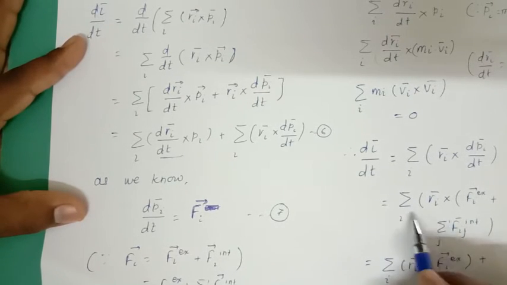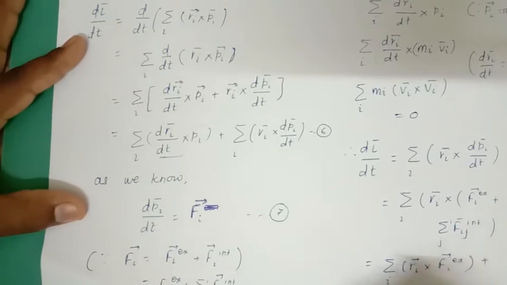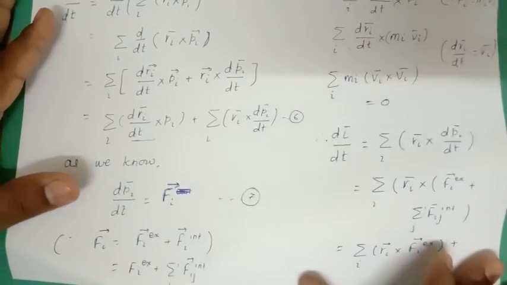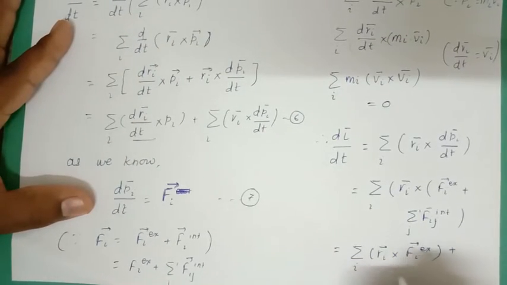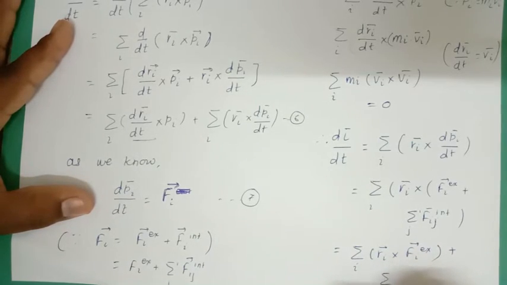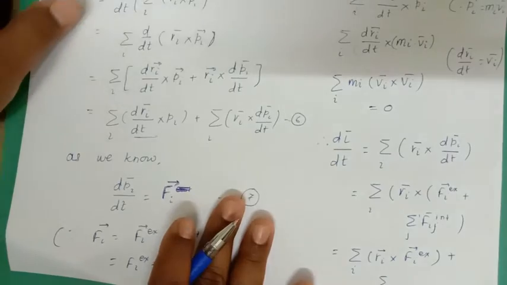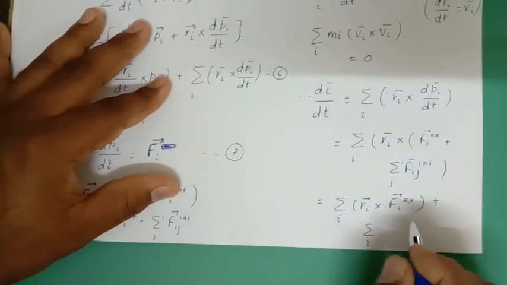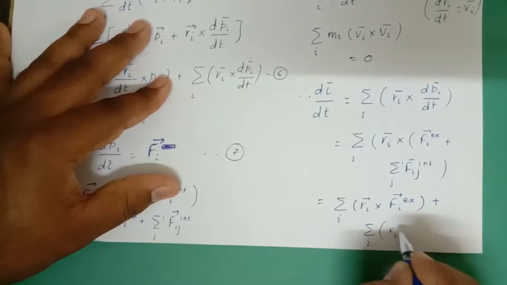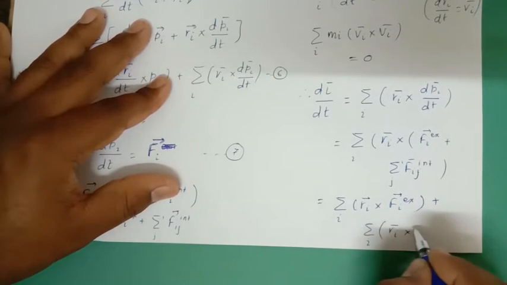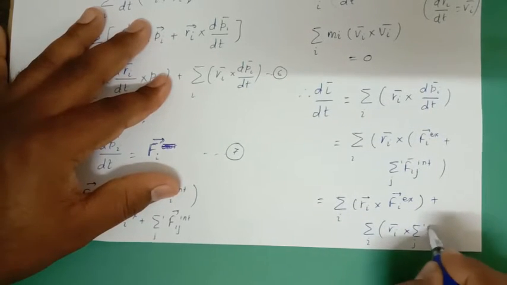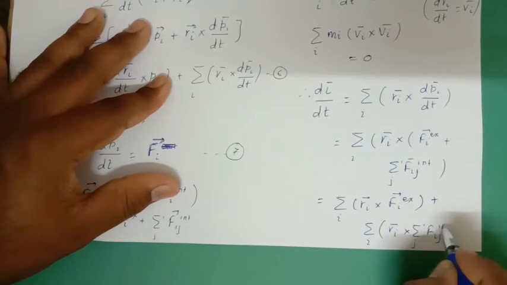We have these two summations, so keep them as they are for a while. So we can write this equation as plus summation over i, ri bar cross summation over j prime Fij internal bar.